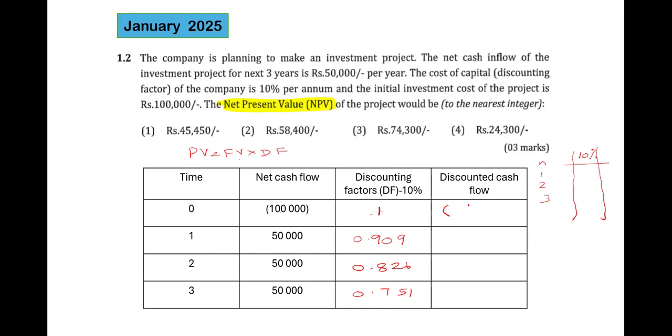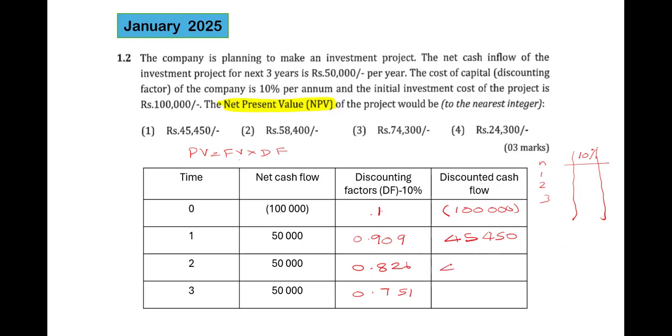100,000 multiplied by 1. Same answer. Right. Next one, 50,000 multiplied by 0.909. Answer is 45,450. The next one, 50,000 multiplied by 0.826.